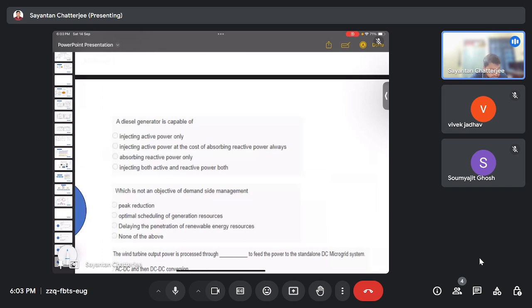A diesel generator is capable of injecting active power only, absorbing reactive power only, or injecting both active and reactive power. So here it will be injecting both active and reactive power.